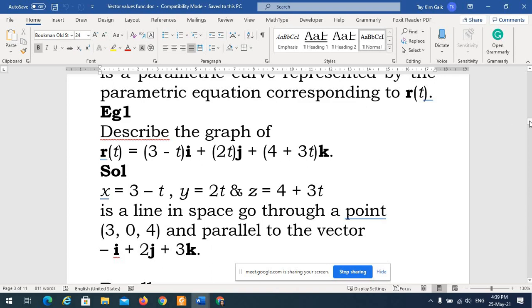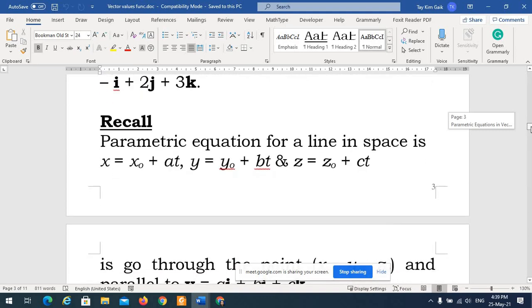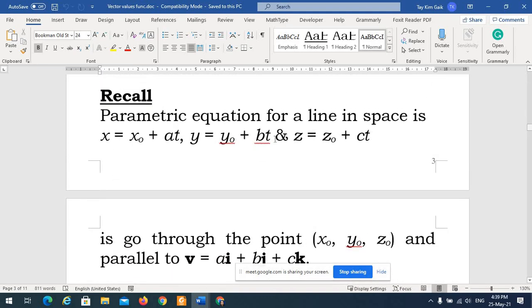So this is a parametric equation. The last slide is in the PowerPoint where I wrote it; this one is in the text. The notes have also been given in the author.